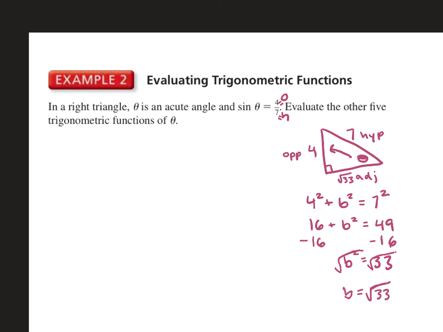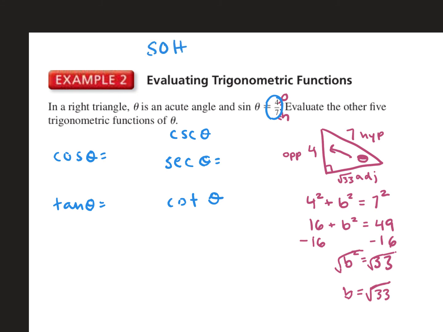So let's find our other 5 trig functions. We already have sine, which is 4 over 7. So we need cosine theta, tangent theta, cosecant theta, secant theta, and cotangent theta. So cosine is what over what? Remember, cosine is adjacent over hypotenuse.